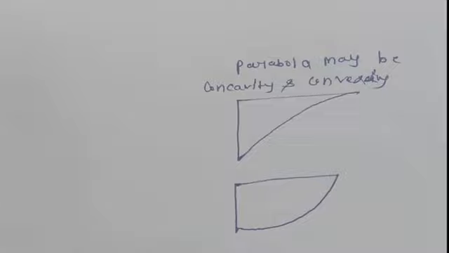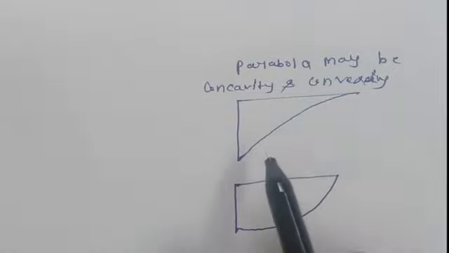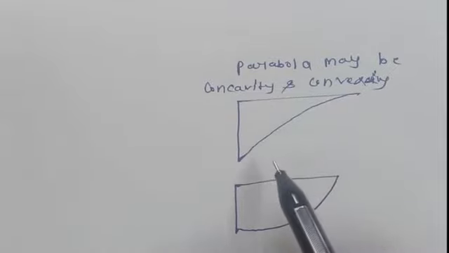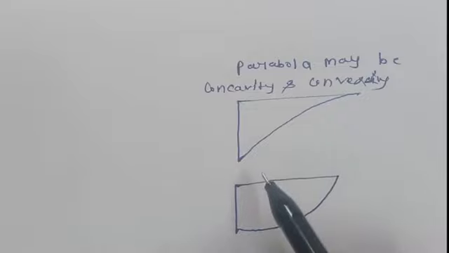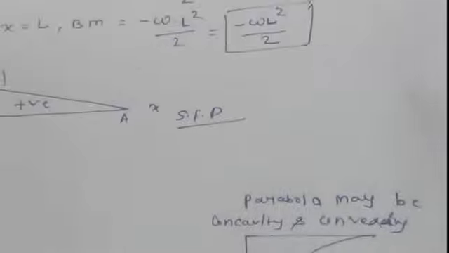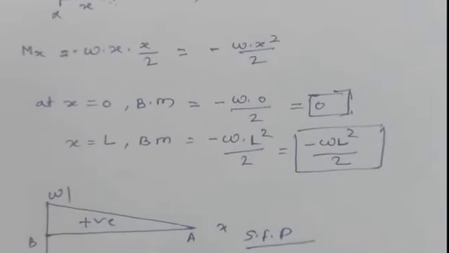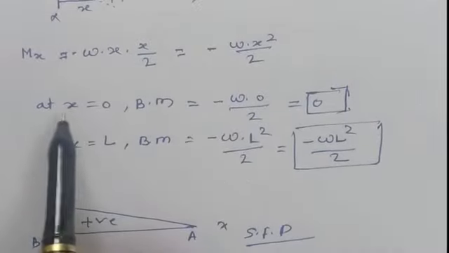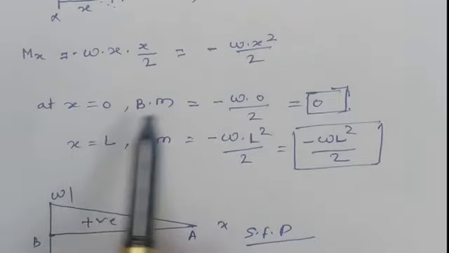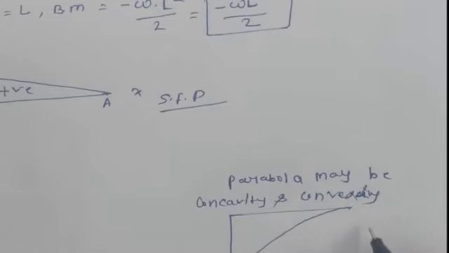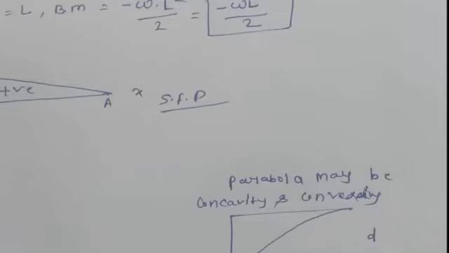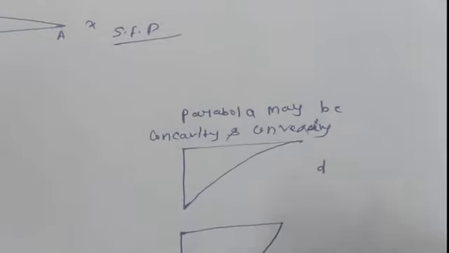Among these two parabola diagrams, which one is suitable for our calculation, we can say from this calculation: if x equal to 0, the value is 0. We know the shear force relationship with the intensity of load from the previous lecture, which you can follow.